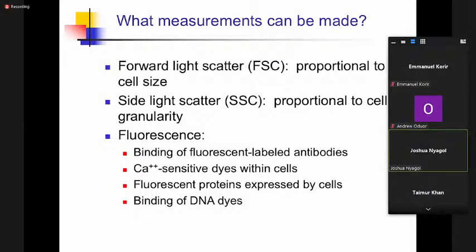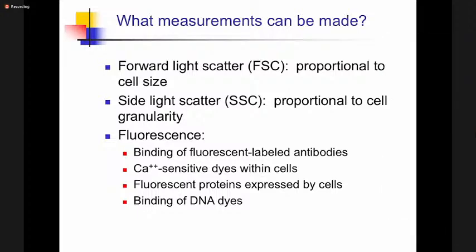I'm interested in the granularity of the cell. I'm interested in the size of the cell. I may be interested just in markers on the surface of the cell, like somebody doing the flow cytometry classification for leukemia, different types of leukemia. And you know that the leukemias originate from these turbans of the leukocytes.